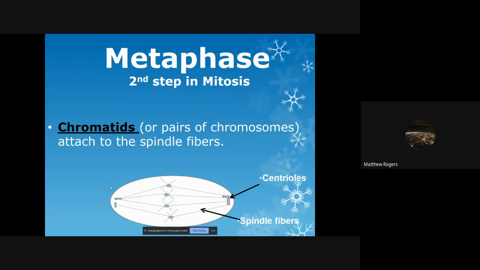In metaphase, there's a big jump here, like I said. So this is where prometaphase would come in, the last couple stages before it gets to this point. We have the chromatids, which are the technical term for pairs of chromosomes. This is a really hard concept to understand at times, but it's not extra chromosomes. They're copies of the chromosomes, and they're exact copies.